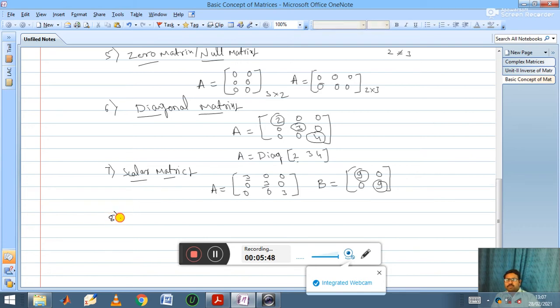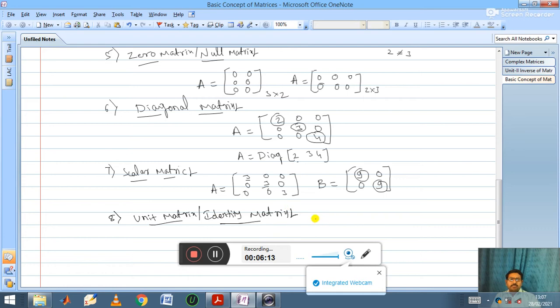Eighth definition, unit matrix, also known as identity matrix. It is a well-known matrix, I think.